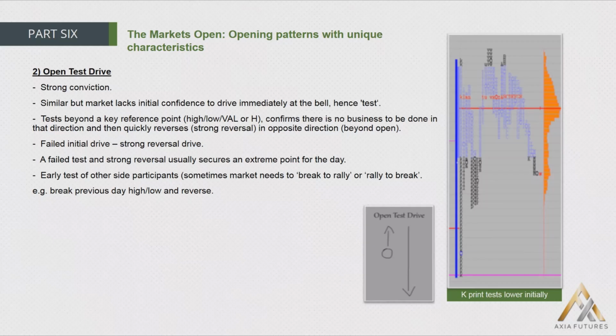What we do tend to see is a failed initial test, which then aggressively reverses. Again, as with the open drive, the low becomes a very key pivot point, not just for the morning, but for the remainder of the day.